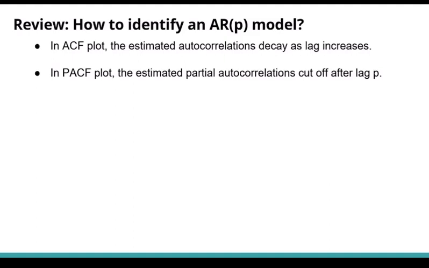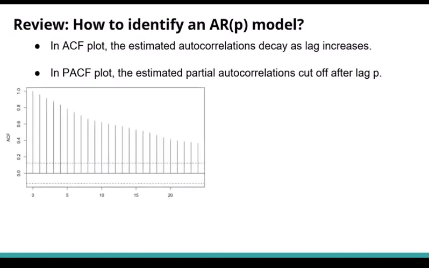When you see that the partial autocorrelation function cuts off after a particular lag P, then the appropriate model is going to be AR of order P. So specifically, if the partial autocorrelation cuts off after lag 2, then the appropriate model is AR of order 2.